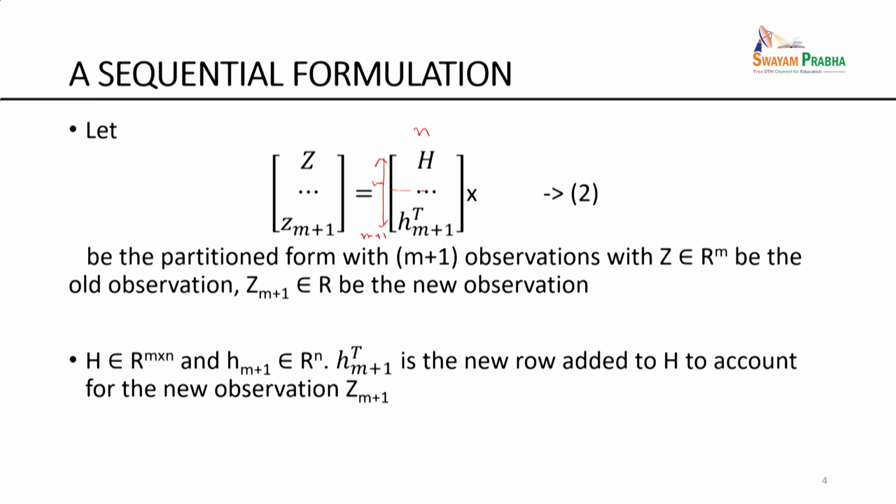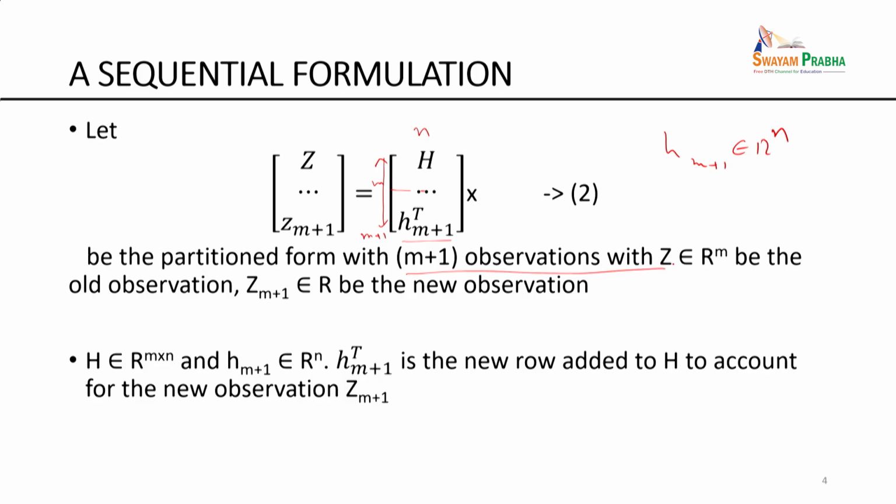So each time a new observation comes, I am going to add a row to H. So h_{m+1} is a vector in R^n, is a column vector. The transpose of the column vector is the row. That's an n vector. So I am going to partition after the m plus 1 observations arrive on the z.